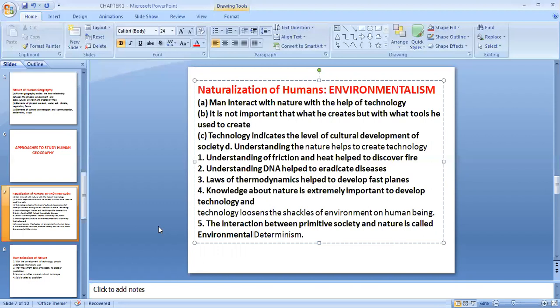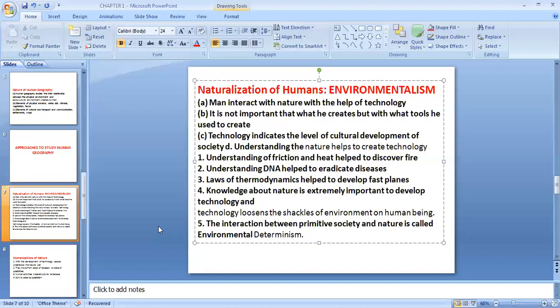Similarly, the dress pattern and human culture are also different in different parts of the world. Why? According to the environment. In the cooler regions, most of the time they wear warm clothes, and in the drier and hotter regions, most of the time they wear cotton clothes. Why?